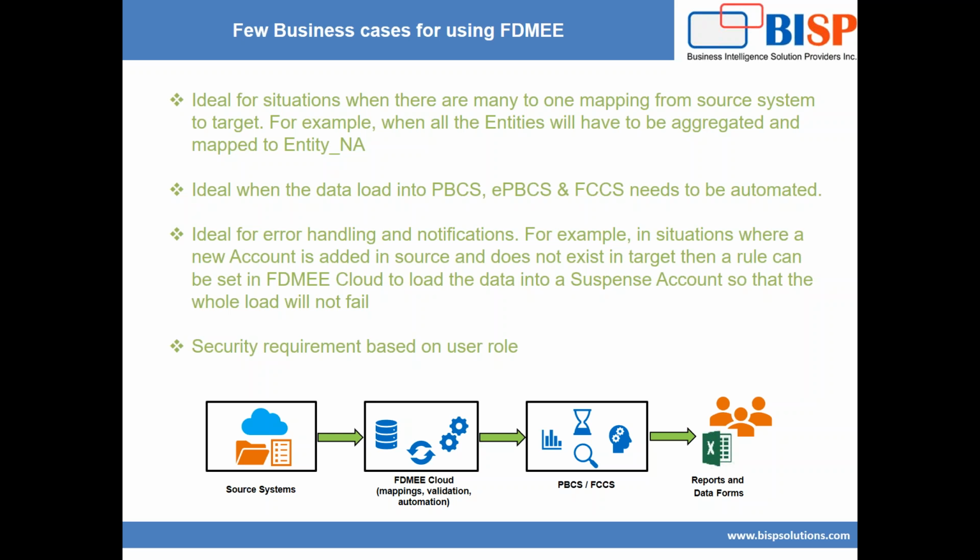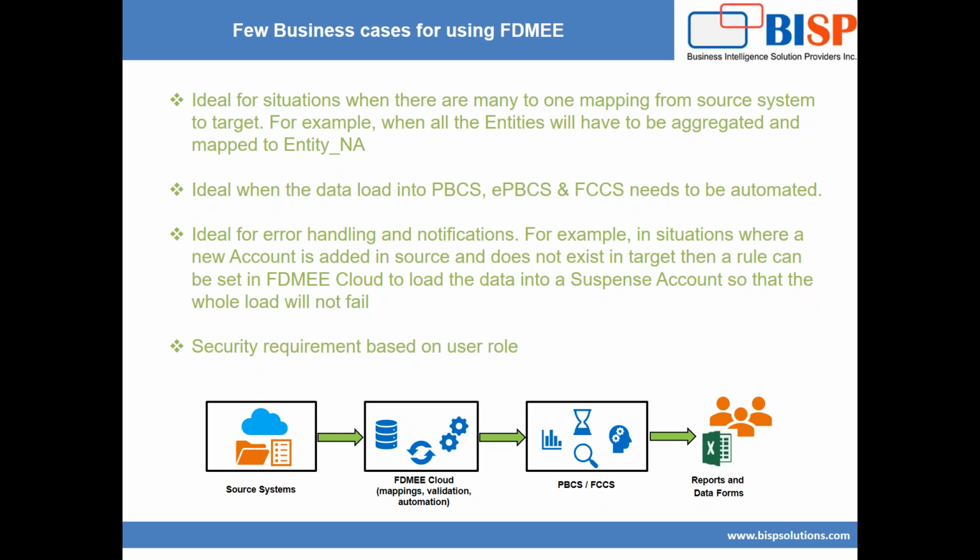Further, let's say there are other situations where I'm running all my loads through automations, and with all my new loads I keep on getting new accounts. In those cases, those new accounts may not necessarily have mappings in the system.